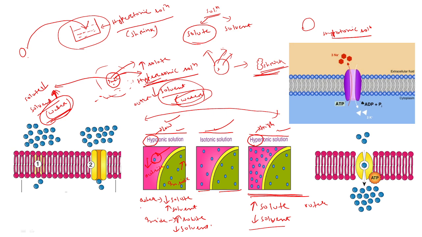In the hypotonic solution, the solute concentration is less and the solvent is more. That means inside, the solvent is less. The solvent means let us say water. Obviously in the cell the solvent is water.